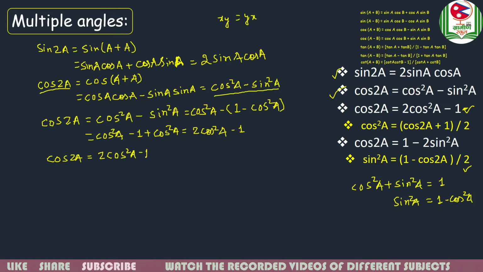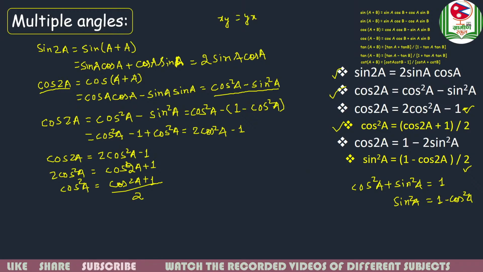So we will shift the 1 to the LHS, and it is going to be 2 cos square a is equal to cos 2a plus 1, and then cos square a is equal to cos 2a plus 1 upon 2. So here again we have proved that cos square a is equal to cos 2a plus 1 divided by 2.